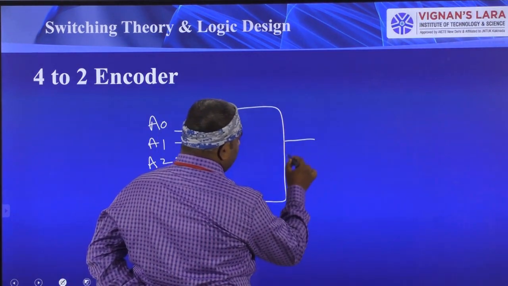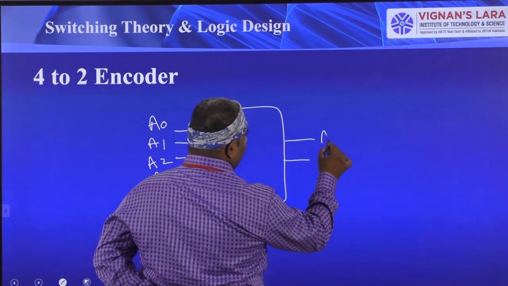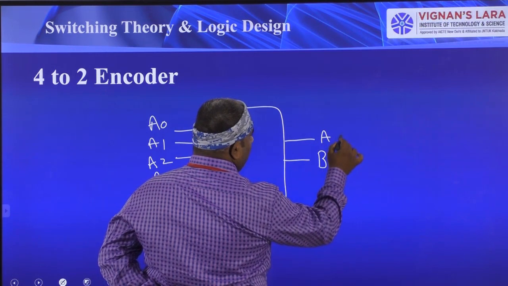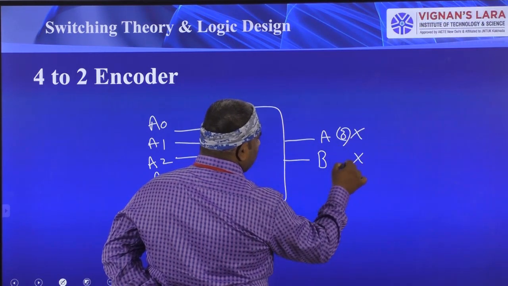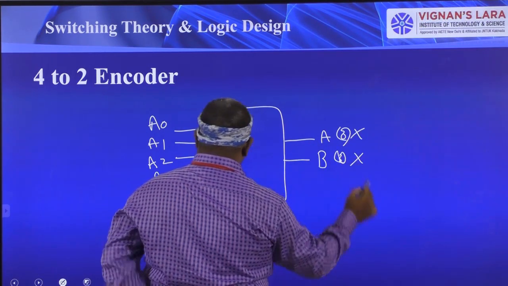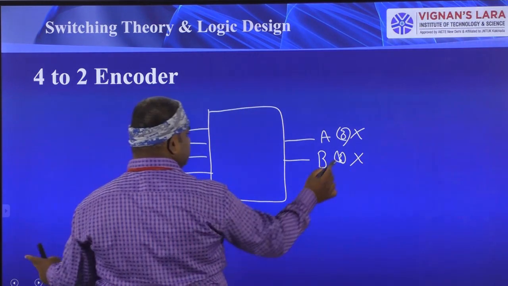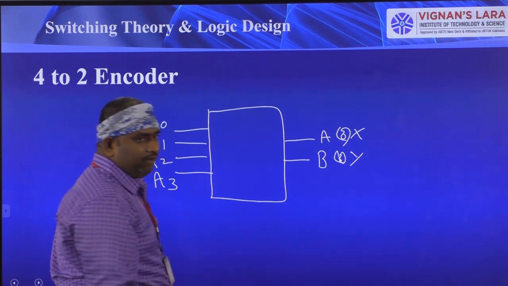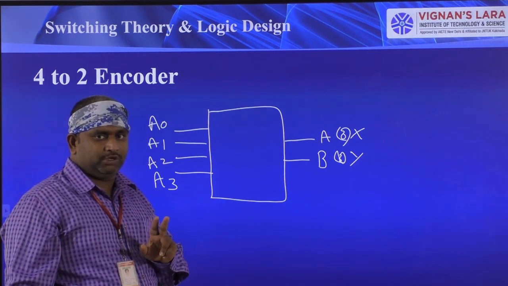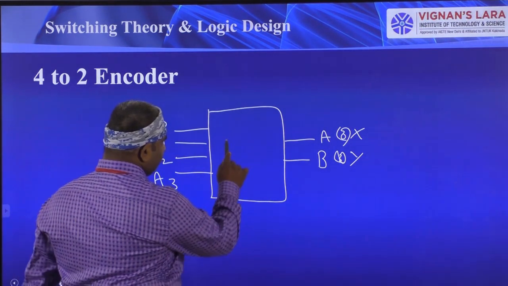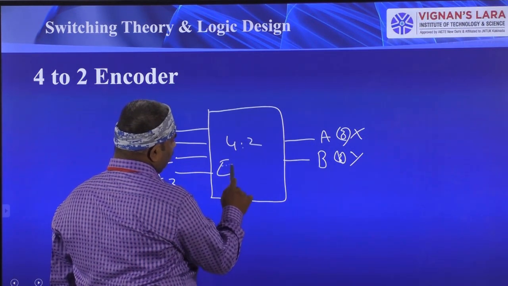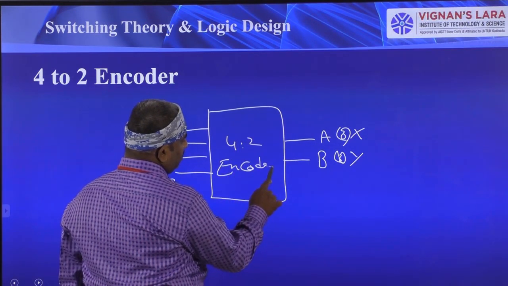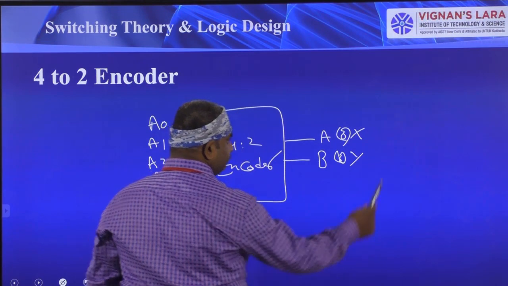Now coming to outputs, I have 2 outputs. They may be A, B, or you can take X, Y. So here we have two outputs, X and Y. Now for this 4 to 2 encoder, take the truth table.